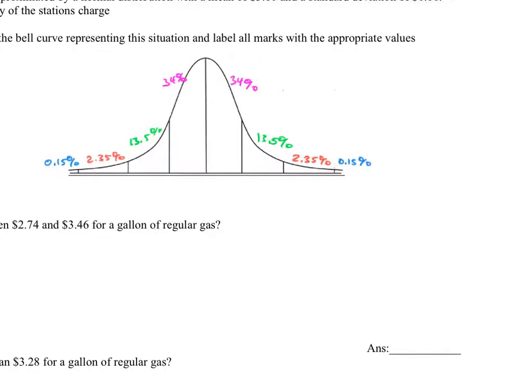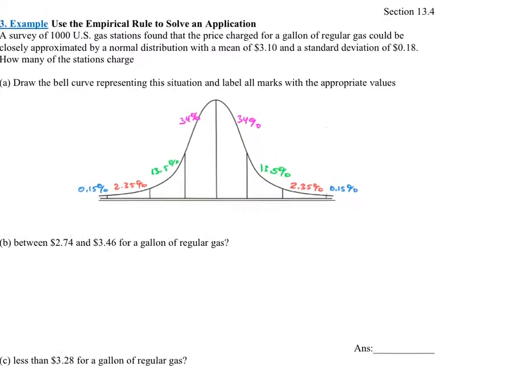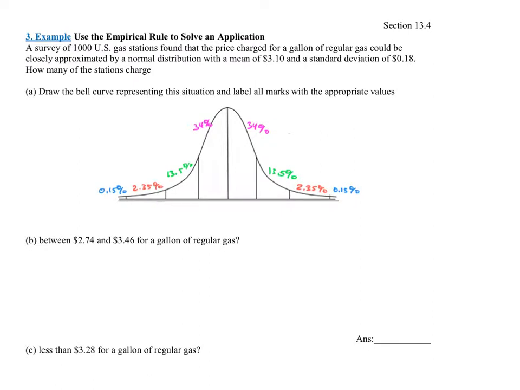So now the question becomes, how do I do the actual tick marks? Well, you always start with the mean. The mean here was $3.10. And then you keep on adding and subtracting the standard deviation. So for instance, to the right of $3.10, I'm going to add 18 cents every single time.